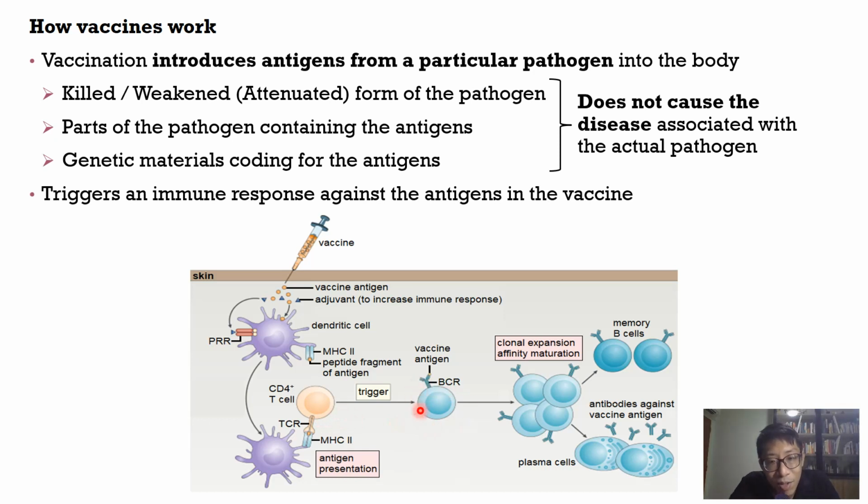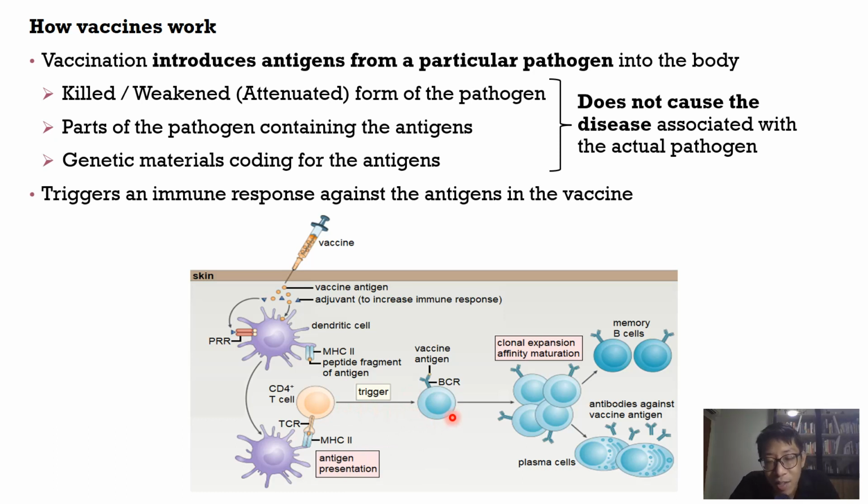And for a particular naive B cell that has the B cell receptor, the membrane-bound antibody, which is specific for this antigen on the vaccine as well, it will bind to the receptor and the B cell becomes activated together with the help of the cytokines from the helper T cell.